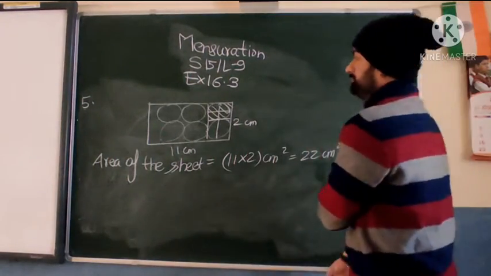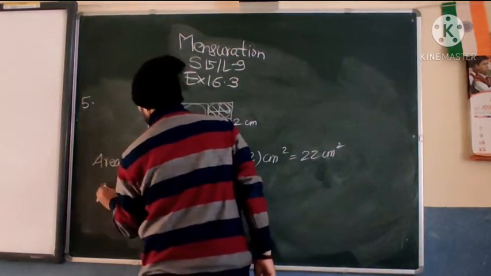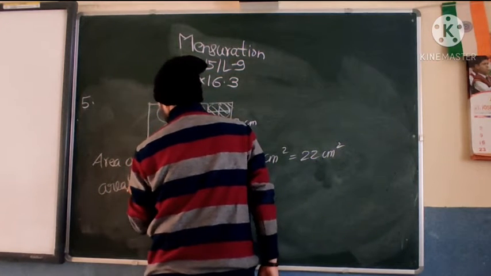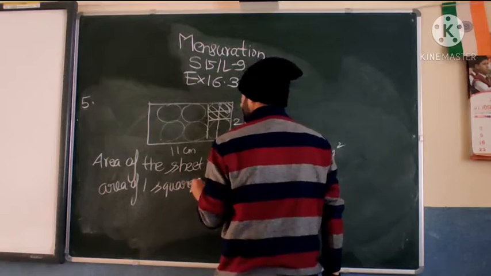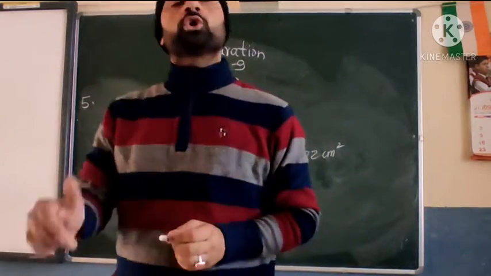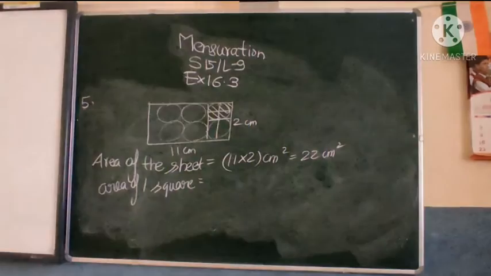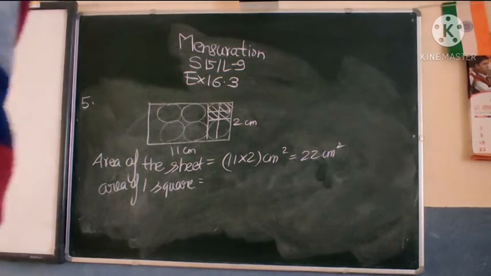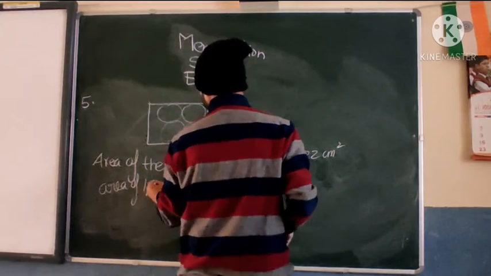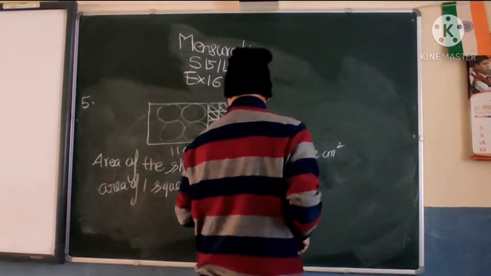Then what? Area of one square is, see, whatever small square blocks you are cutting, from the sheet we will get those.